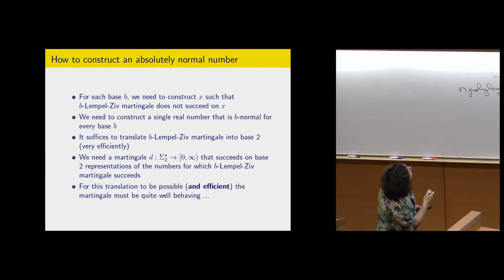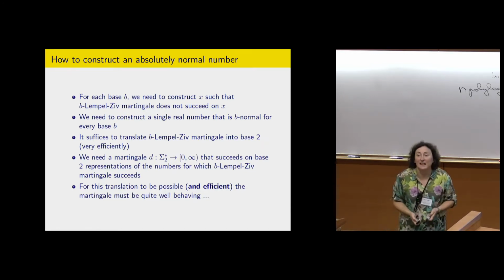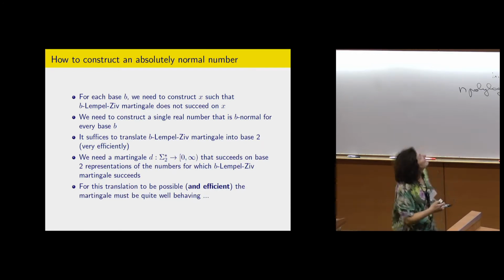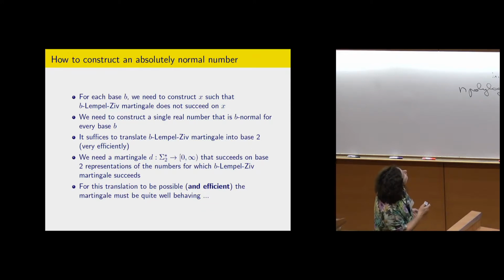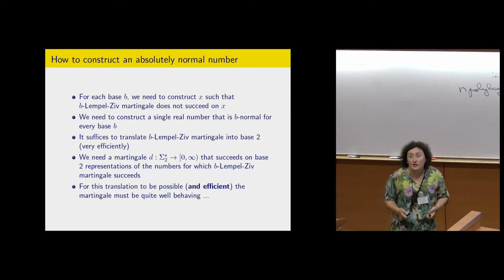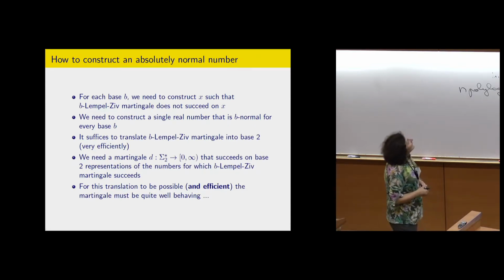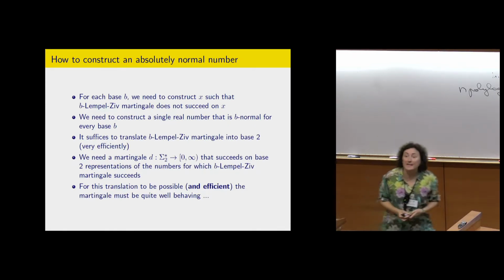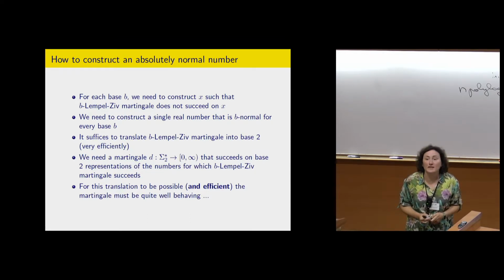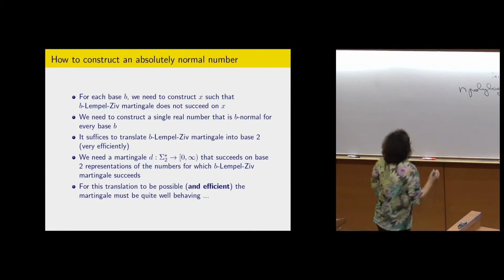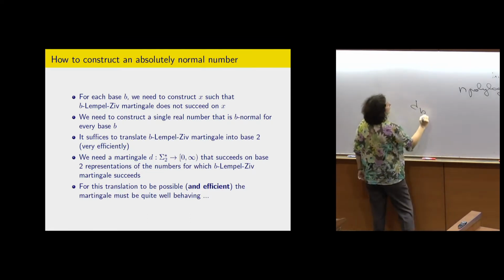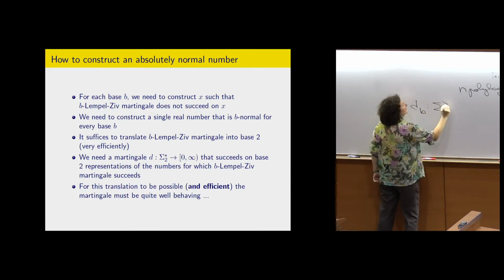So let's see. For each base b, I need to construct an x such that the Lempel-Ziv martingale does not succeed. That's okay. We need to construct a single real number for every base. So of course, what I want to do is translate the base b Lempel-Ziv martingale into base 2. What do I mean? Well, the base b martingale works with sigma_b star.